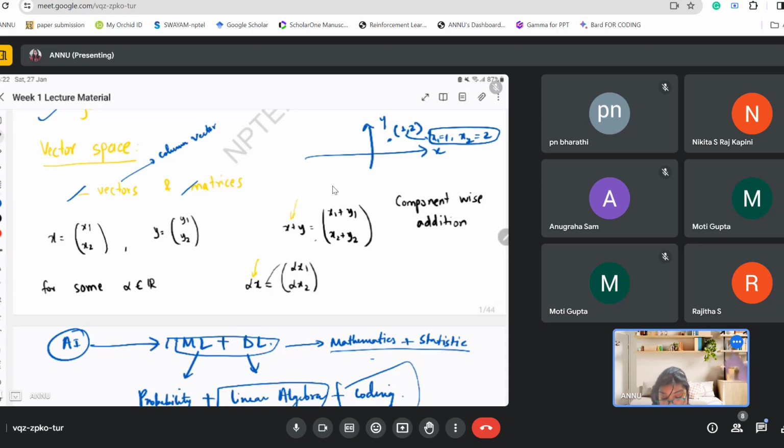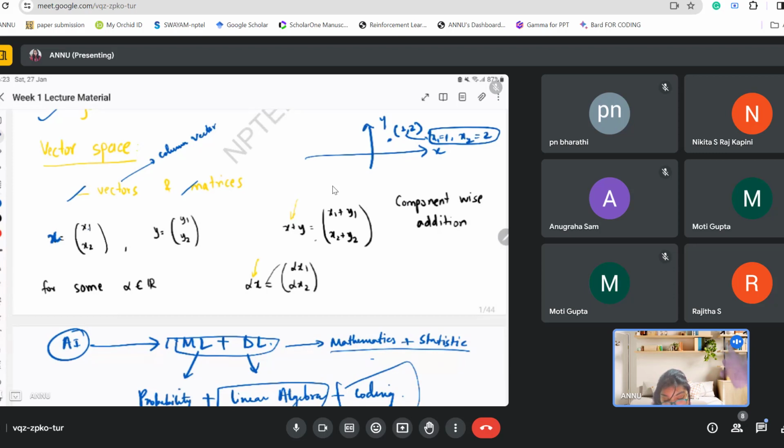So this x can also be written as x bar, or sometimes it is in bold. This is not a simple x. This x and this x are different. You can write it as a bold x, as x bar, or sometimes with a bar on top. These are different notations. So x1, x2 has two values.